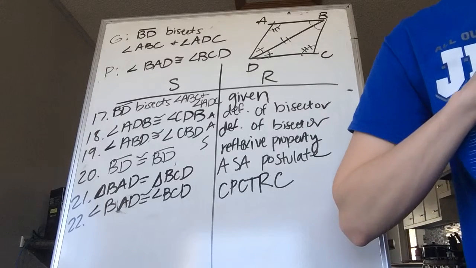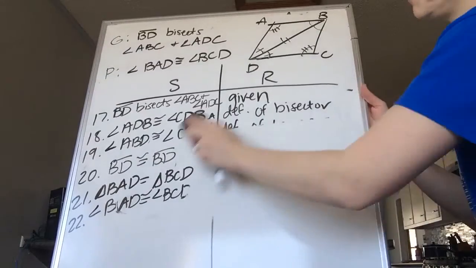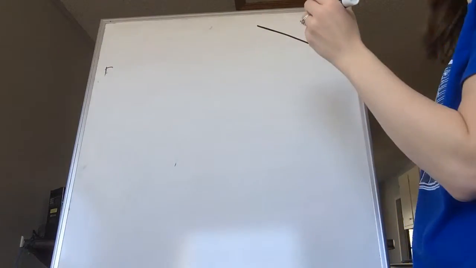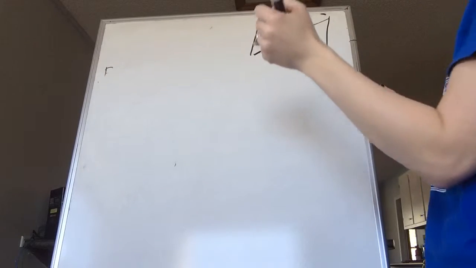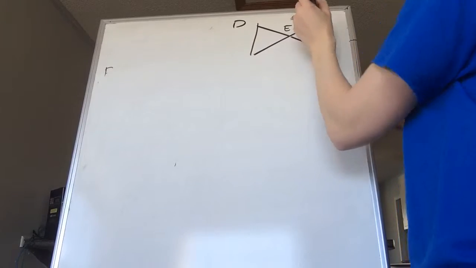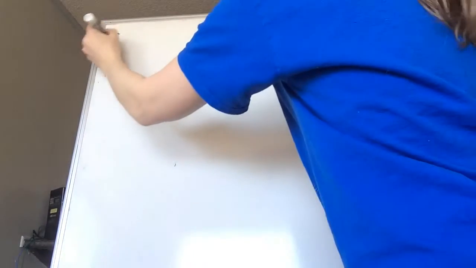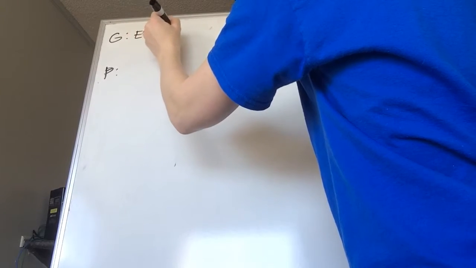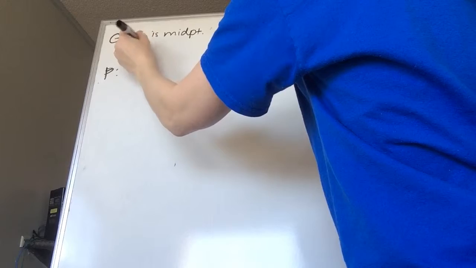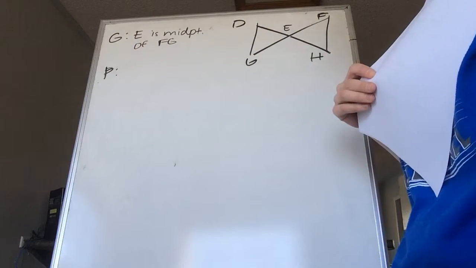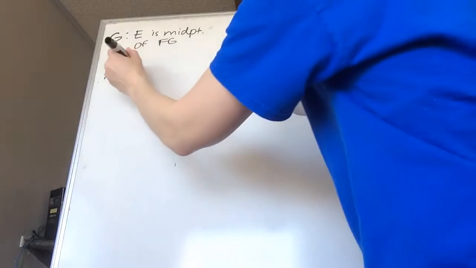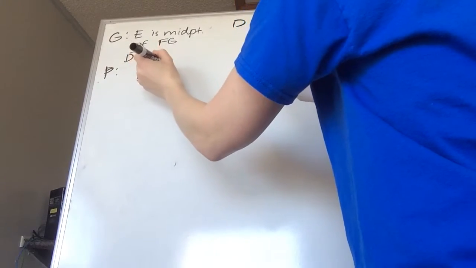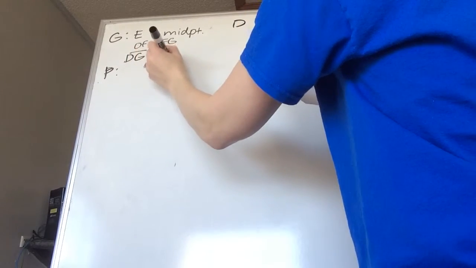Okay, last proof for 25A. So we're given this fun little figure that crosses and produces two triangles: D, E, F, G, H. Our given is that E is the midpoint of FG, and one more piece of information, that line segment DG is parallel to line segment HF.